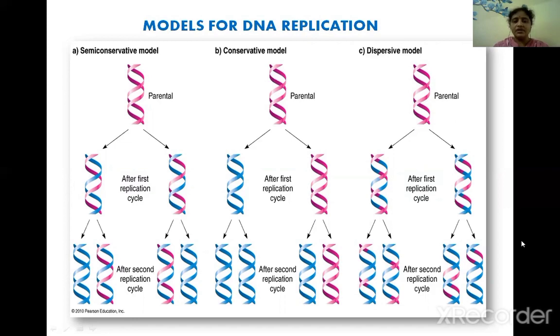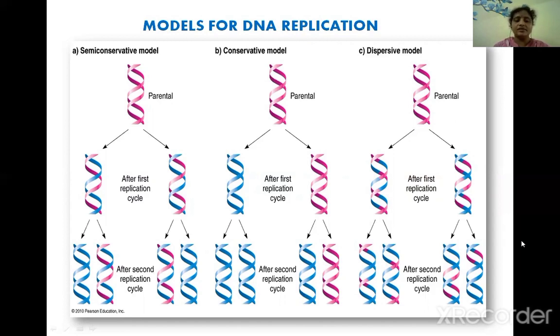We can observe here. Next, the third one is the dispersive model. In this model, the parental double helix is broken into double-stranded DNA segments.